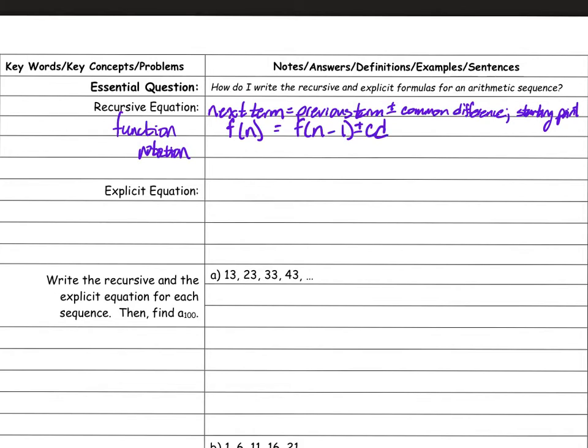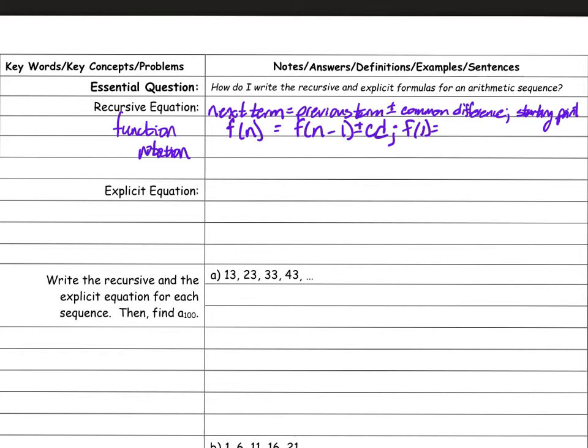Right? And we know how to find out my common difference, right? We've done it a few times in this lesson and the previous lesson. And then most important, we have to have this part. I have to say f of 1, my first term. What is my first term?